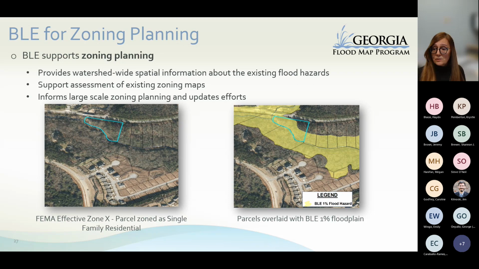As you can see here in the example, the image on the left is showing you a property which is outside of the effective special flood hazard area. It's located in an effective zone X, but if you utilize the 1% BLE floodplain mapping and you overlay it with the proposed development, you can see that a significant portion of this property is going to be included in the 1% floodplain, and there is a significant risk of flooding for these properties.